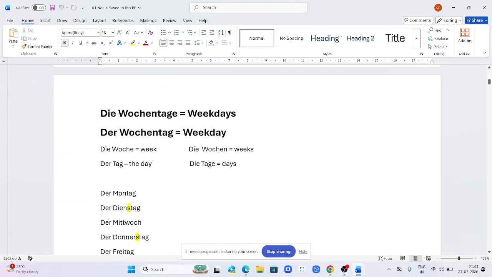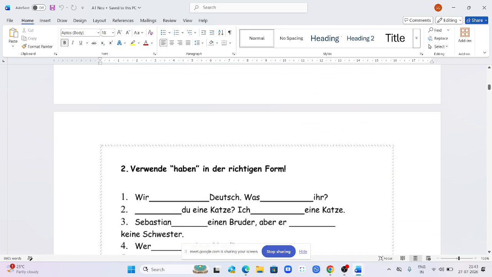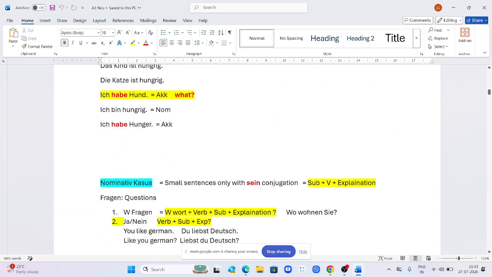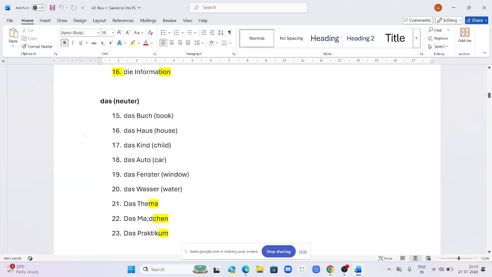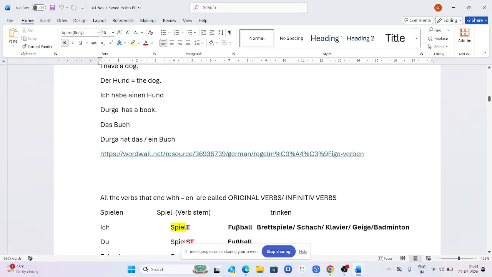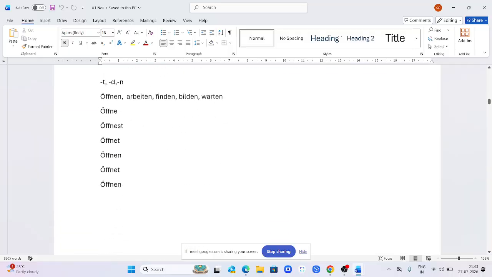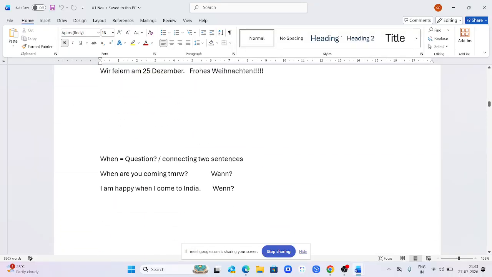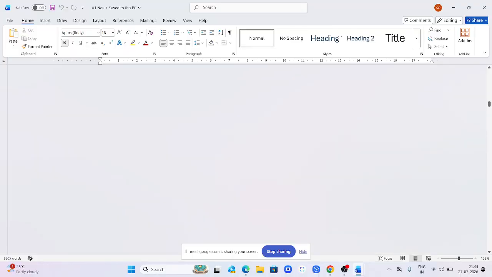So regular verbs, irregular verbs are all over, right? Yeah, ma'am. Okay, then we also finished this modal verb. Okay, then we finished date and time.